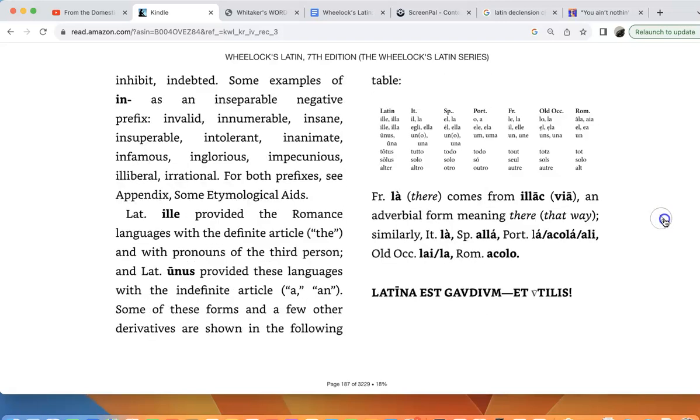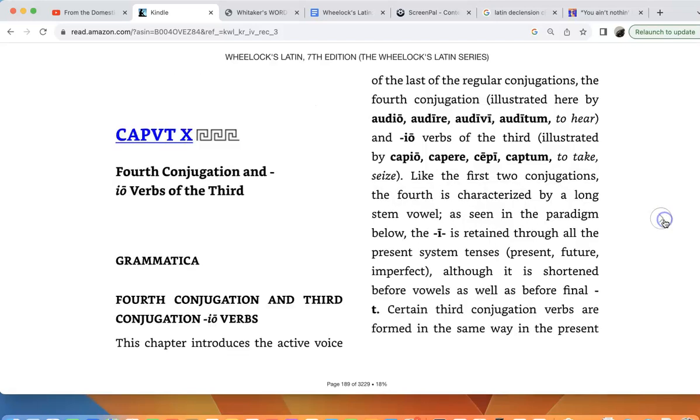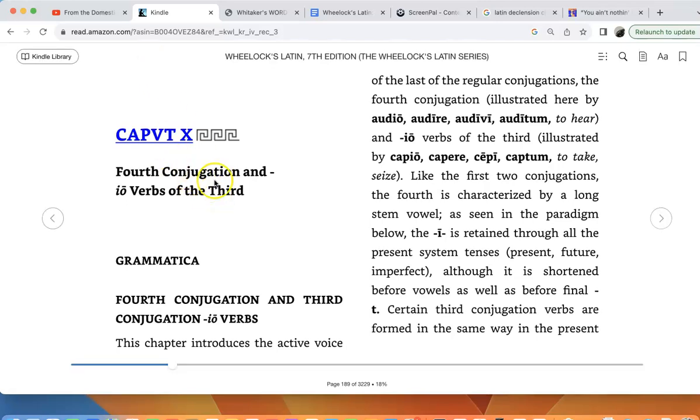Did I already skip that? Let's see, I passed it by already. No, chapter 10 is fourth conjugation, which is IRE. So it'll be similar to what we just talked about today, but verbs that end in IRE versus the letter E, or E with a macron, or A.